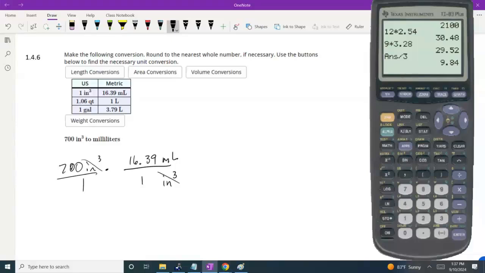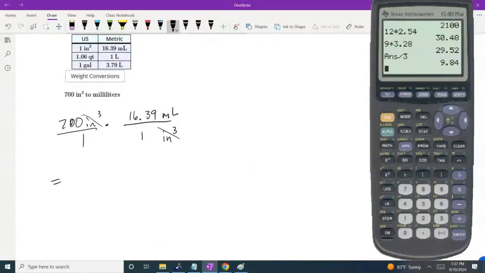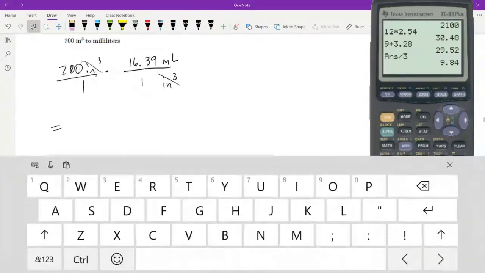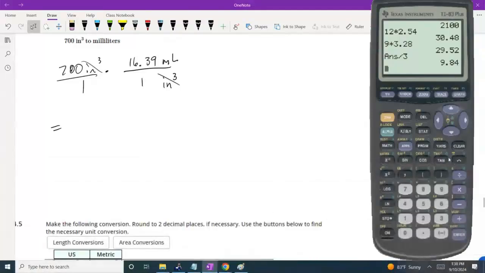When I multiply, my cubic inches are going to cancel. I can multiply my numerators. 700 times 16.39. I get 11,473 milliliters.